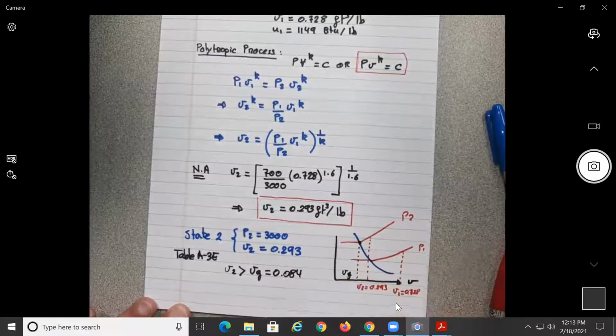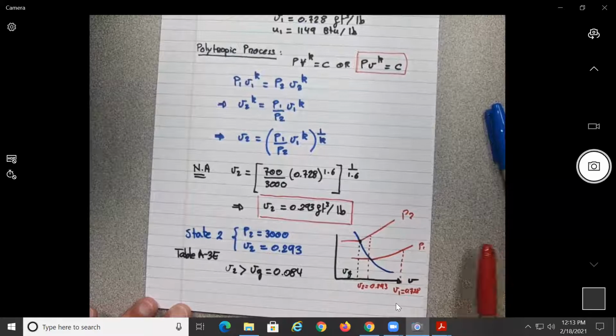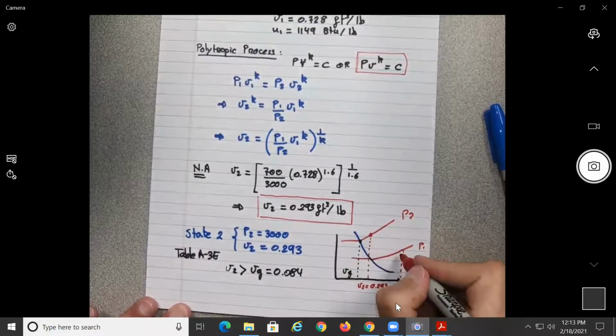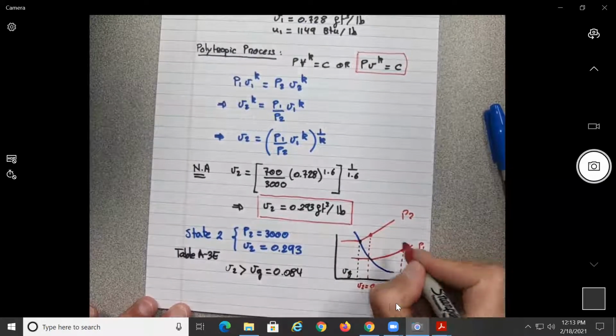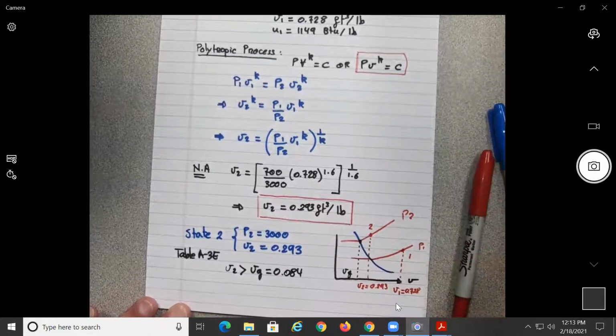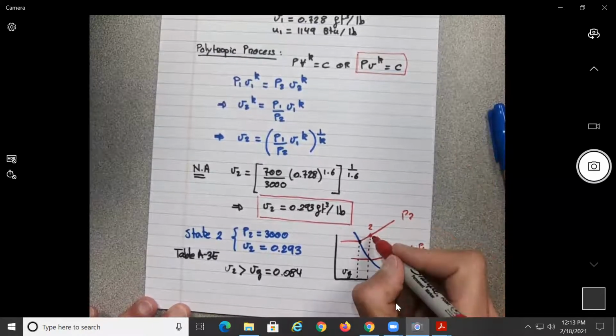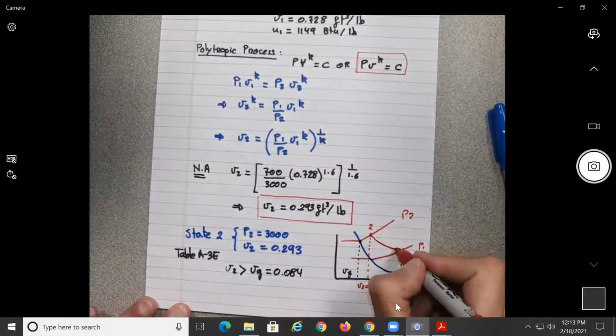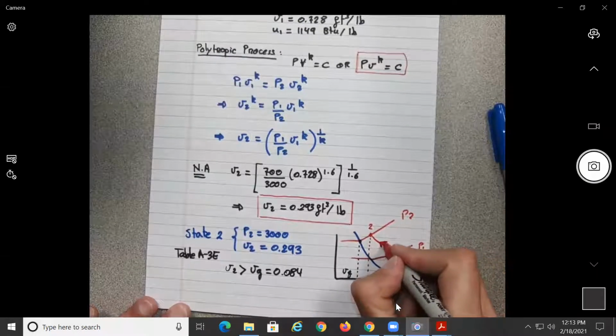This point over here, we know we still be on the vapor state. So this is 1, this is 2, and it doesn't matter if you do the curve, this will be the figure of your process.